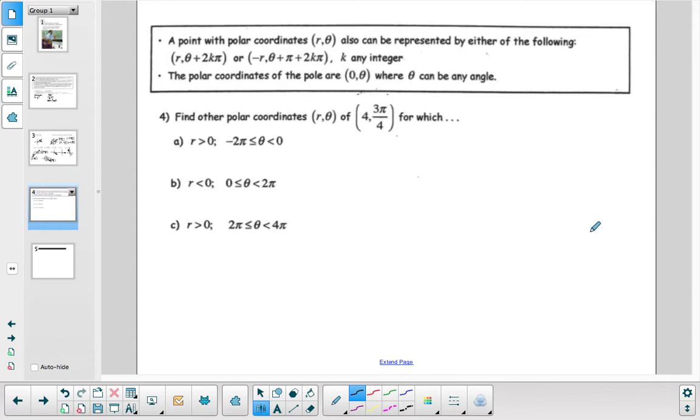All right, here's where it gets a little trickier, just because we have to come up with coordinates satisfying the parameters that are given to you. We're going to find other polar coordinates that match (4, 3 pi over 4), that have a positive radius and an angle that's between negative 2 pi and 0.